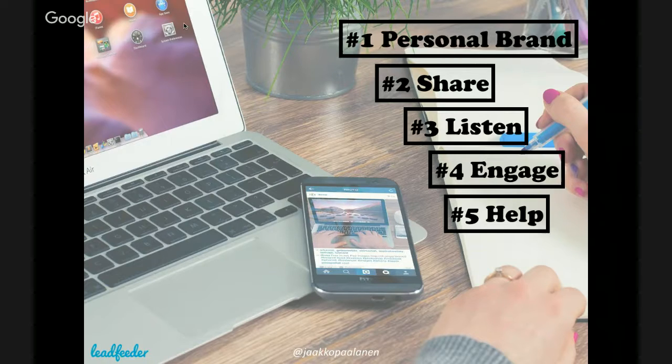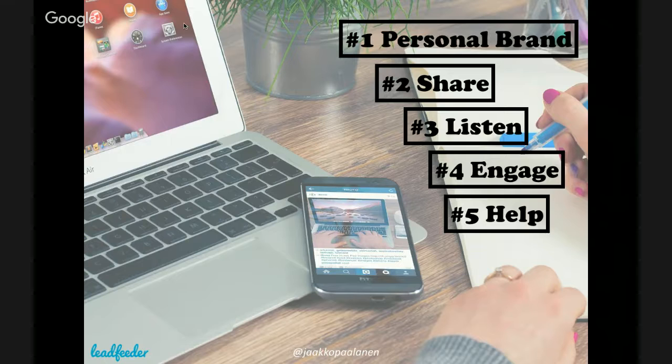Sharing is really important. So share quality content, create your own content and share that through different channels. It's really important that you are visible and active in the right places. So use your own profile, then go to groups, and remember, when you are sharing stuff, don't share about yourself and your product.